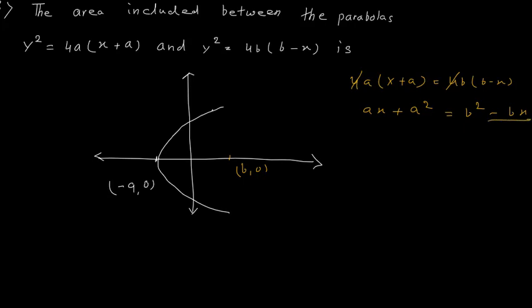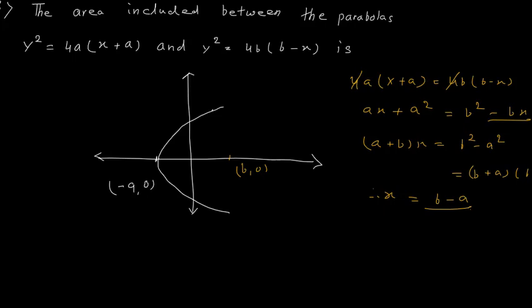This -bx will come to the left-hand side, and I get (a + b)x = b² - a², that is (b + a)(b - a). So the value of x is b - a, as a + b will cancel. So when x equals b - a, at that point the graphs will cut.